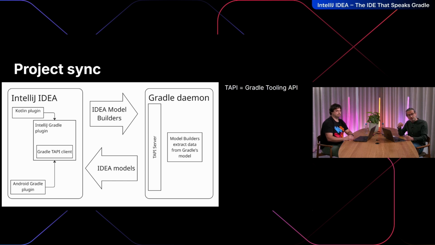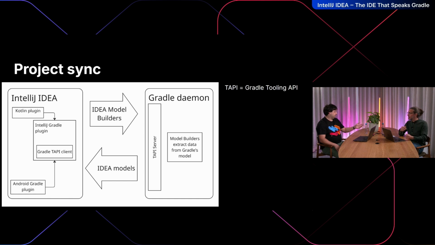And this is possible thanks to a feature of Gradle, which is called the Tooling API, or TAPI for short. It's kind of an RPC mechanism that allows tools to invoke tasks, run tests, and like here for project sync, inject code to gather data from Gradle.